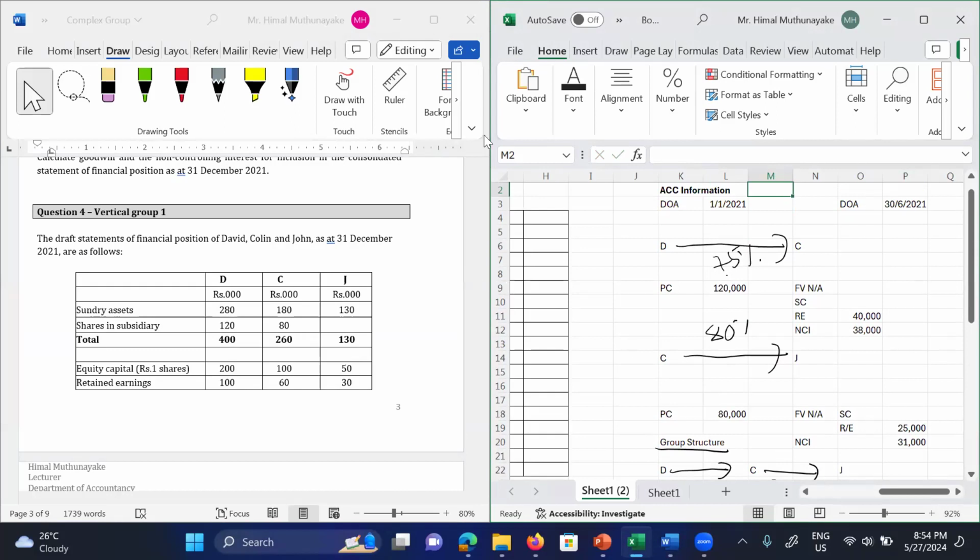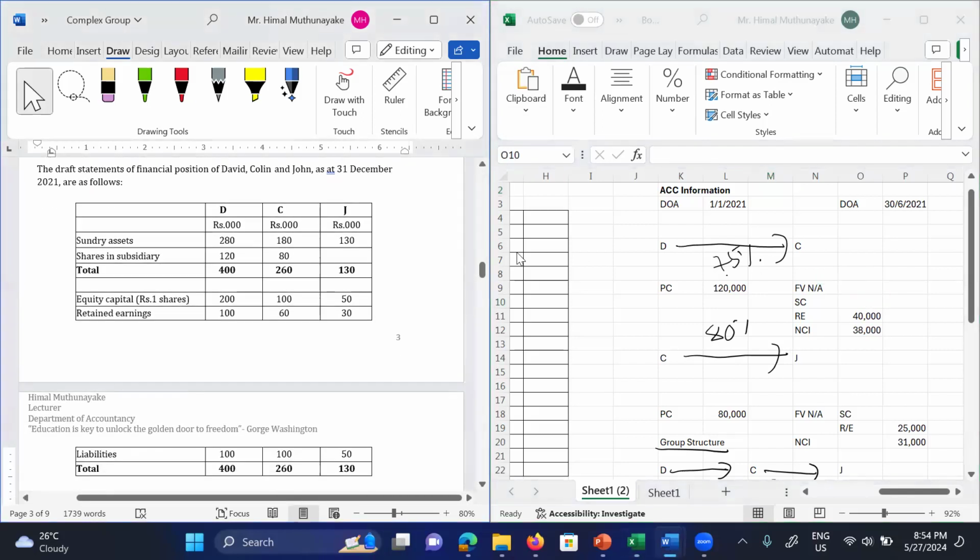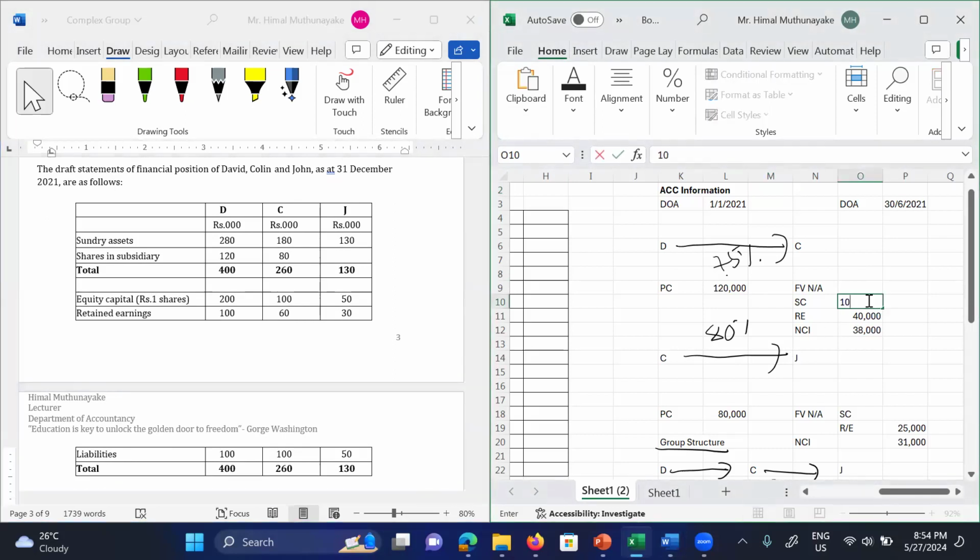All clear? And also we can get the share capital here. You can see the C share capital is 100,000, so there is no change at the acquisition date.